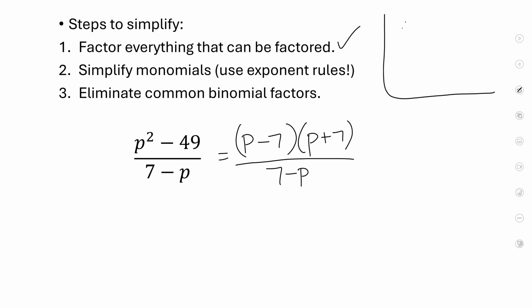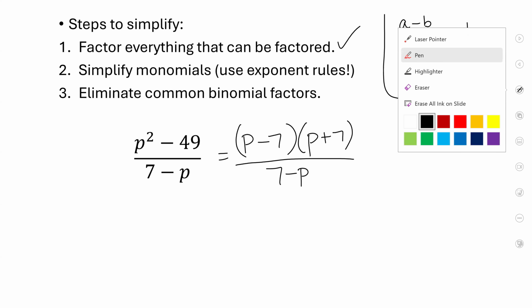Okay, guys, let me show you an important rule. If you have a minus b and then b minus a, this equals negative 1. So for example, let's say I had x minus 7 and then I had 7 minus x. That is equal to negative 1. So basically, when these are reversed, it's equal to negative 1. And I have that happening right here.